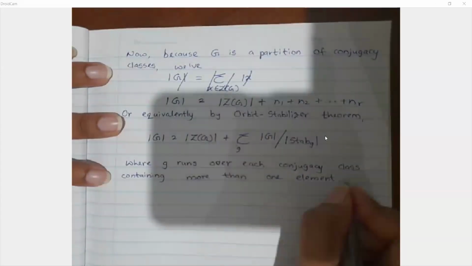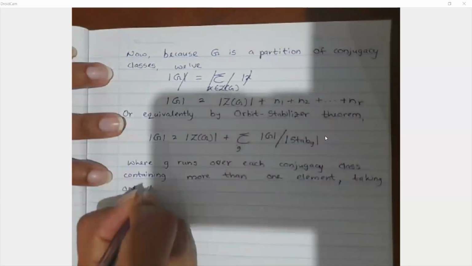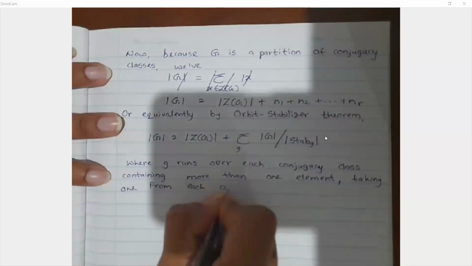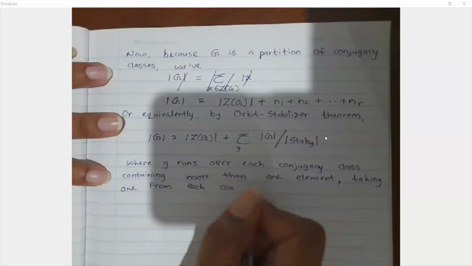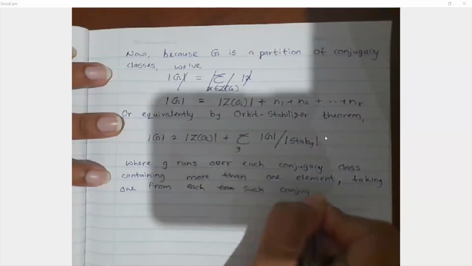And we only have to take one from each such conjugacy class. So let me write: taking one from each such conjugacy class.